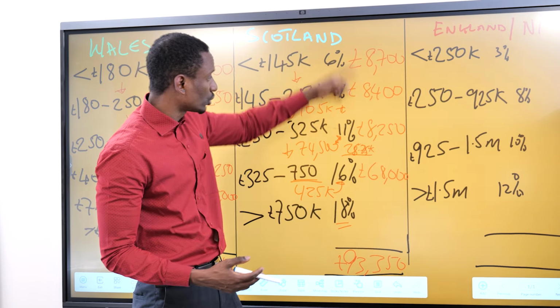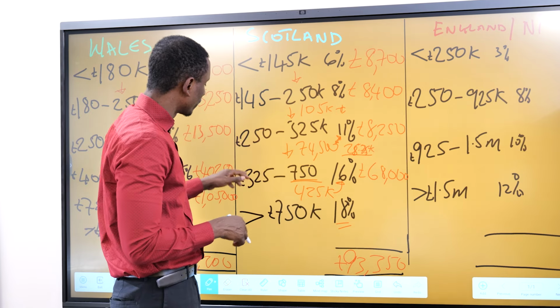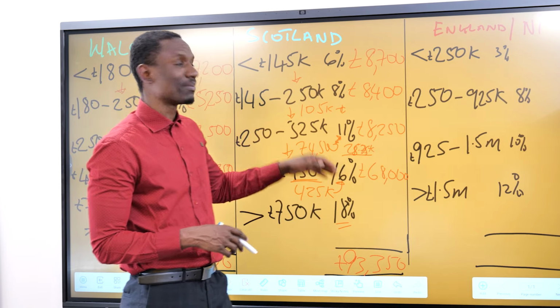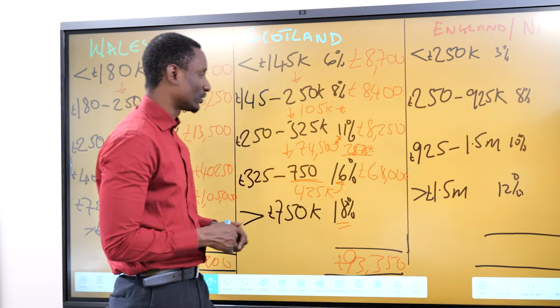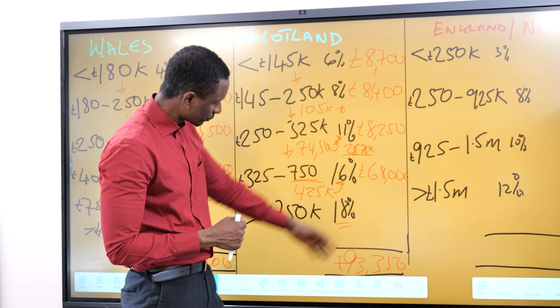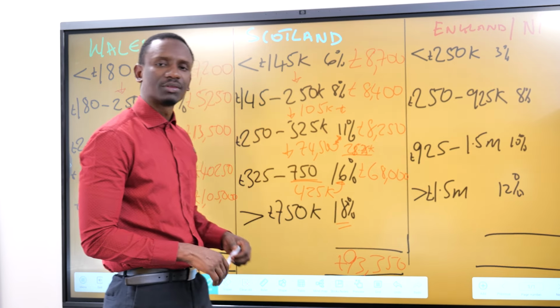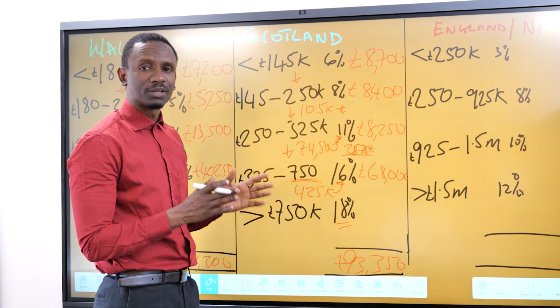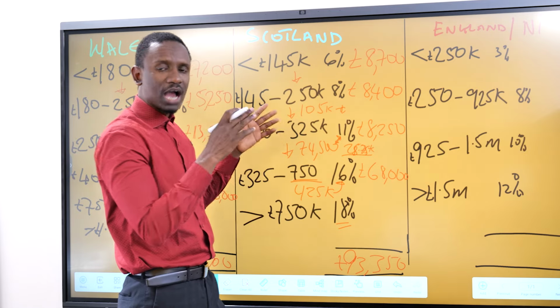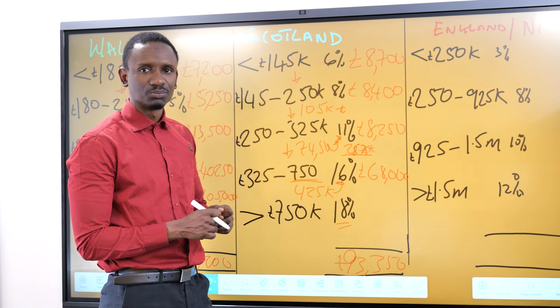So if you move on from 325 to 750, you're talking about 16%, which would have cost you an addition of £68,000. So in total, for a £750,000 property, you would have paid £93,350 to the government for acquiring a £750,000 investment property.